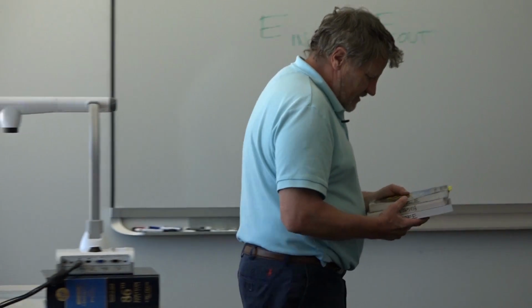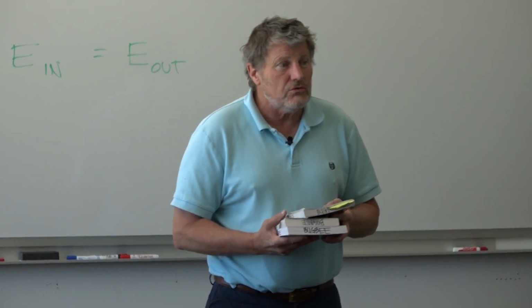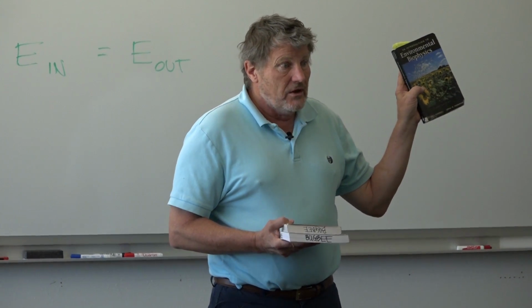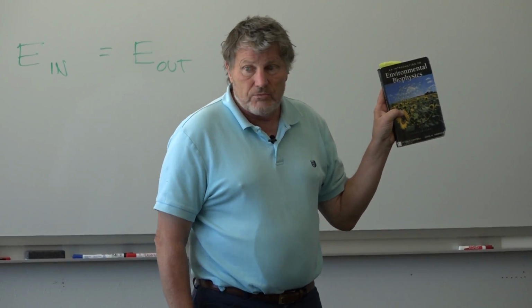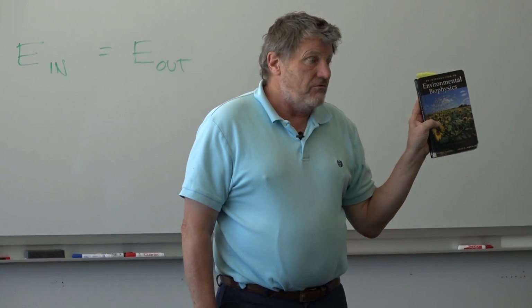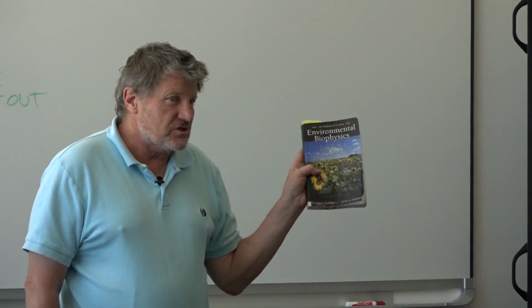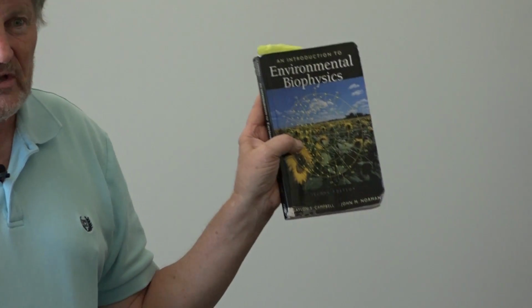Now, I brought with me a few other key books that have been important to me and also talk about these principles. One that many people are familiar with is Gaylon Campbell's book with John Norman, An Introduction to Environmental Biophysics. And this has a lot of great stuff in it. It shows basic equations for this.